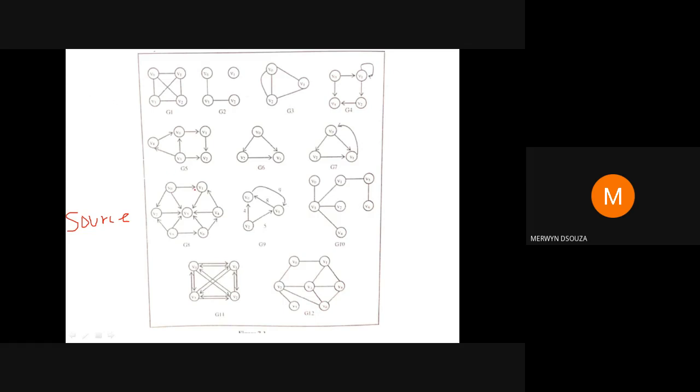For example, in this graph G8, we saw that V0 has in degree 0. Therefore V0 is an example of a source. Similarly, V5, the in degree of it is 0. So V5 is also an example of a source. This is V5.